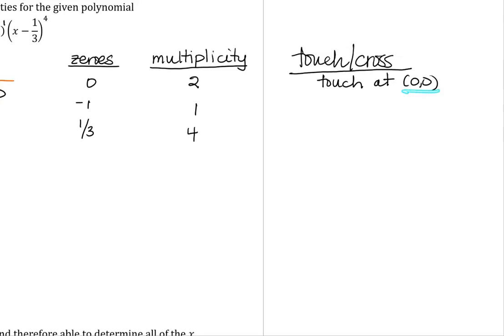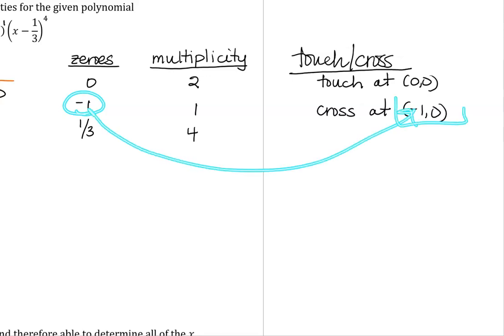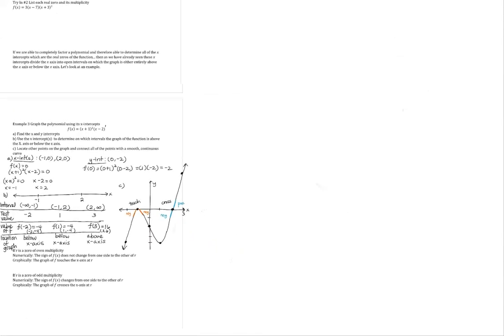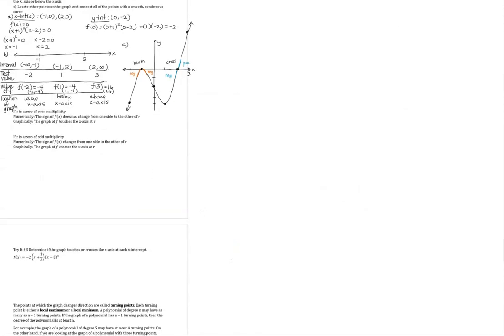Right, so I'm getting (0, 0) going back to this zero because I know the zero corresponds to an x-intercept. When the multiplicity is odd, the graph will cross the x-axis at that corresponding x-intercept. So remember, zeros are x-intercepts, which are points. Finally, 4 is even. An even multiplicity means that the graph will be touching the x-axis at the x-intercept of (1/3, 0). So that's what you'll be doing in your Try It number 3.